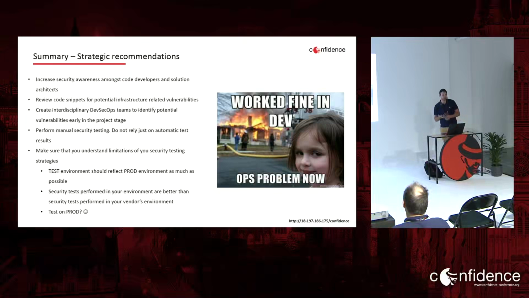For example, before launching the application to prod, you should test it on the very same environment, and if the tests are successful, you should launch the application. It's quite easy to say, not that easy to do in corporate environments, but you should at least understand the limitations of your environment, and based on that, take further decisions on how to proceed with testing.